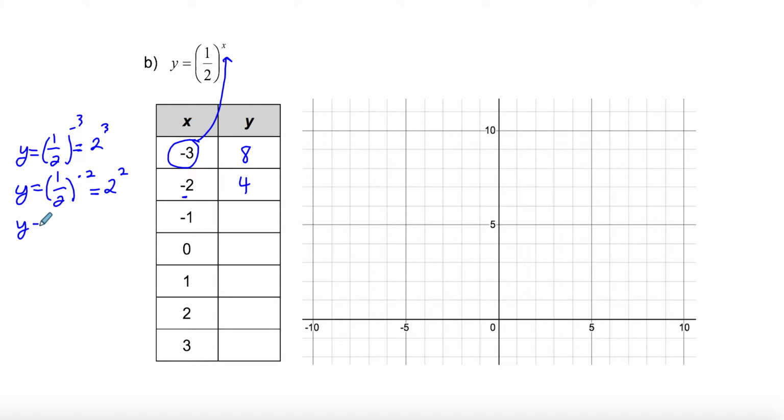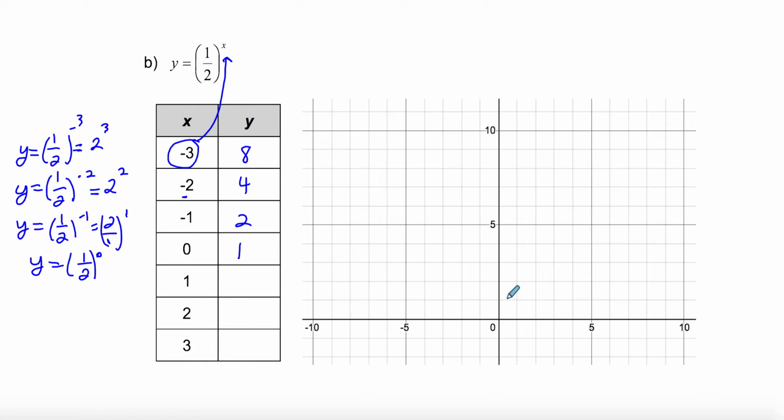And then y equals 1/2 to the -1. That's really 2/1 to the +1, and that's just 2. Again, even when I have a fraction, if it's 1/2 to the exponent 0, that's still 1.